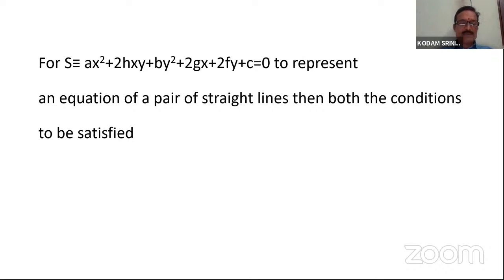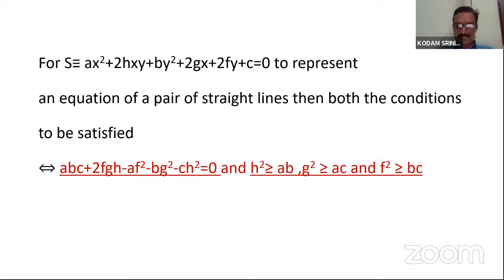First condition is ABC plus 2FGH minus A F square minus B G square minus C H square must be equal to 0. Second condition is H square greater than or equal to AB, G square greater than or equal to AC and F square greater than or equal to BC. Both the conditions should be satisfied. That is if and only if it represents the pair of straight lines, these two will be satisfied.